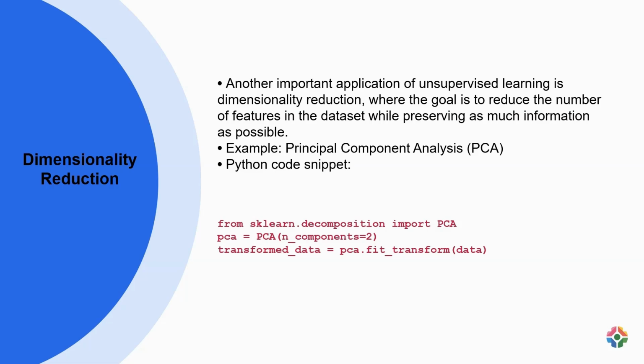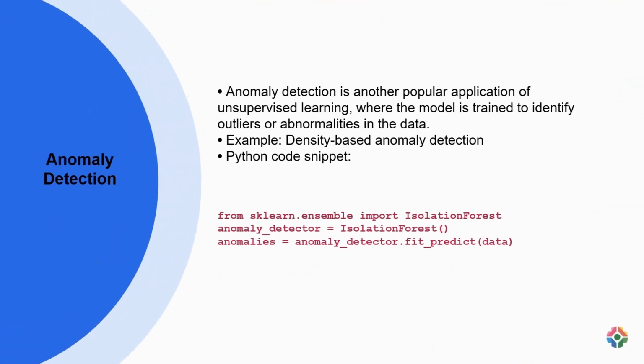desired number of components. One common use of unsupervised learning is anomaly detection, which focuses on identifying outliers or irregularities within a dataset without the need for labeled data. An illustration of this is density-based anomaly detection, wherein anomalies are identified based on their deviation from the density of the surrounding data points.